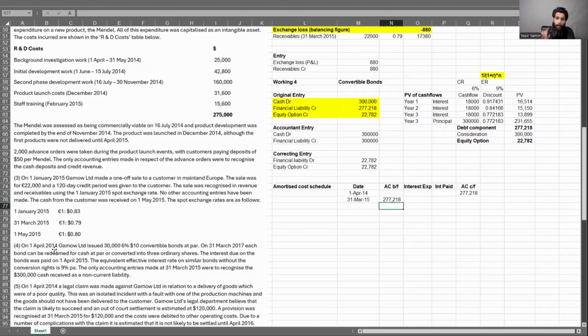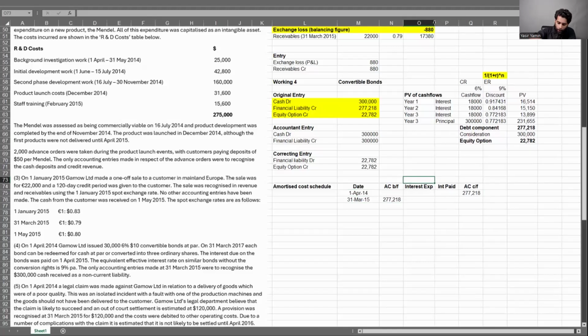We will be recognizing an interest expense, which is always based on the effective rate, which is 9% in this case. So 277,218 multiplied by 0.09, the expense amount should be 24,950. Make sense? Very good.